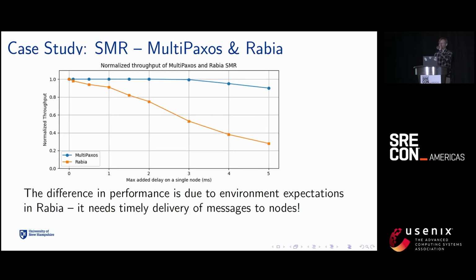So in this figure, I show one algorithm from each category. Multipaxos and its more modern cousin Raft are used in a lot of modern state-of-the-art systems. Multipaxos underpins the replication in DynamoDB. It's used in Google Spanner.